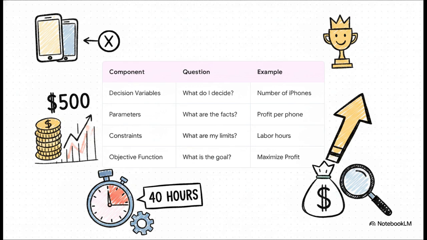That's our variable, the number of iPhones to build. Second, what are the facts? Those are parameters, like our $500 profit. Third, what are my limits? Those are the constraints, like a 40-hour labor cap. And fourth, what is the goal? That's our objective function, to maximize profit. The computer basically takes the structure, calculates every possible valid iteration, and delivers the exact mathematical peak of profitability. I mean, that is the magic of decision support models.